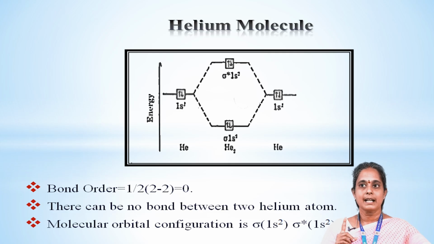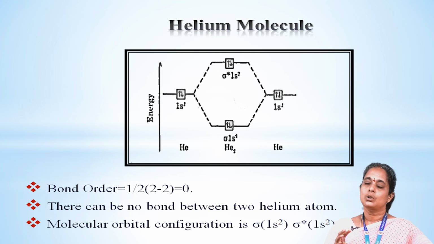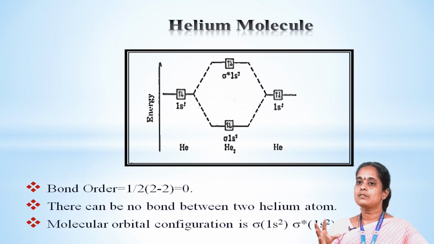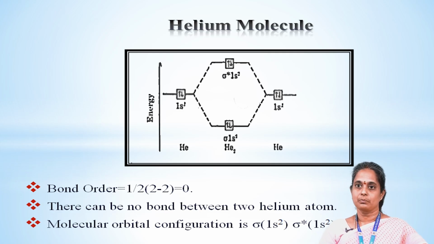The sigma 1s molecular orbital will accommodate 2 electrons and the sigma star 1s will accommodate 2 electrons. There are 2 electrons in each of the bonding and the anti-bonding orbitals. Its molecular orbital configuration is sigma 1s2 sigma star 1s2.